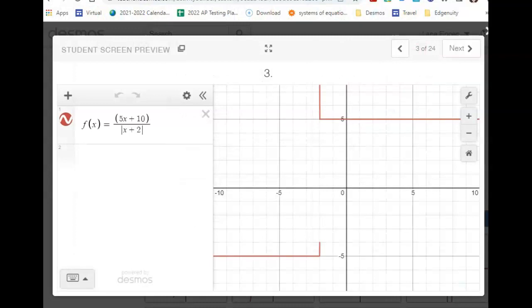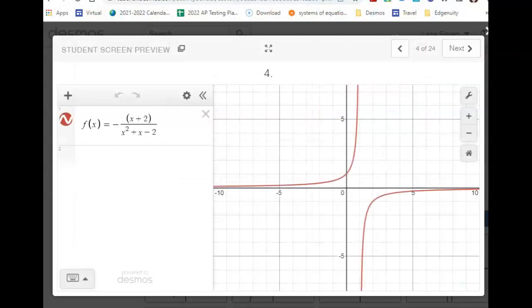All right, number 4. The limit as x approaches 1 from the left. So what's happening at 1? Asymptote. And if I just said, what is the limit as x approaches 1, then the answer is does not exist, right? But if it's 1 coming from the left, my answer is infinity. 1 coming from the right, -infinity.